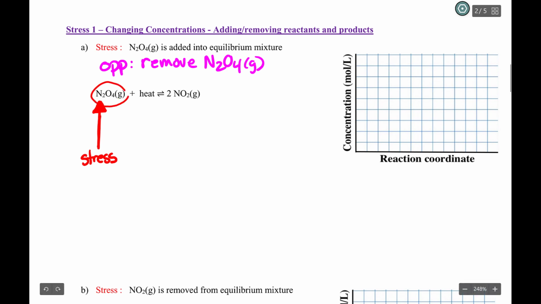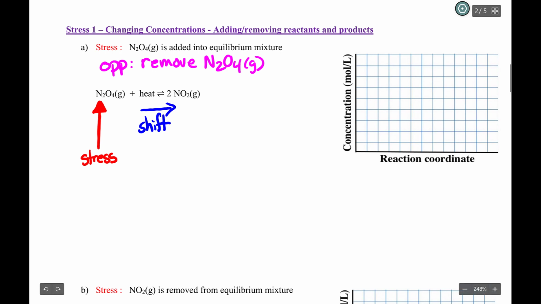The only way it can consume some of it is if the N2O4s hit each other and produce product. In doing so, that would decrease this concentration and cause a shift towards the products. So I'm going to use a blue arrow here. This represents my shift. The system is going to react N2O4 molecules with themselves more frequently because there's a higher concentration of them and force the production of product.